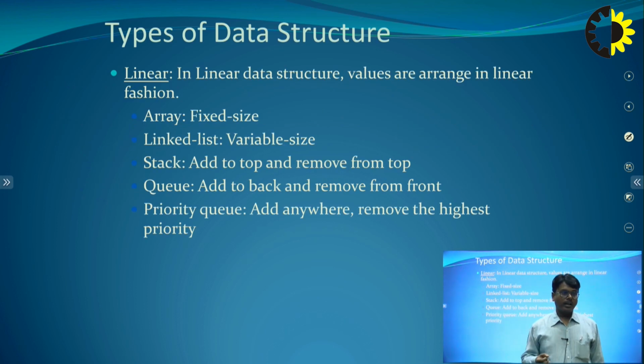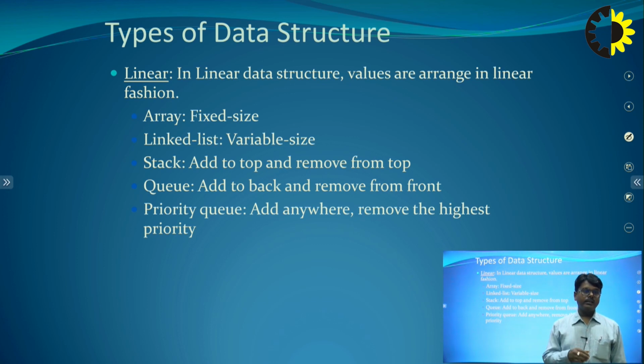Now I will be explaining some of the basic concepts of the data structure that have been explained earlier, and what properties it holds. This is an example of a linear data structure. In a linear data structure, values are arranged in a linear fashion.